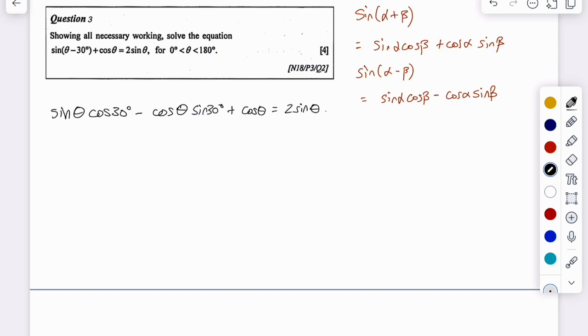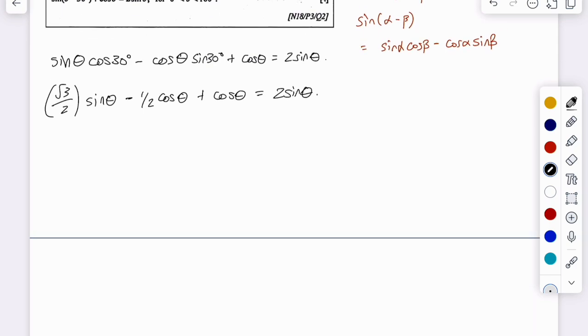Okay, now cos 30 and sine 30, what do they give us? We get root 3 over 2 sine theta minus a half cos theta plus cos theta is equal to 2 sine theta.